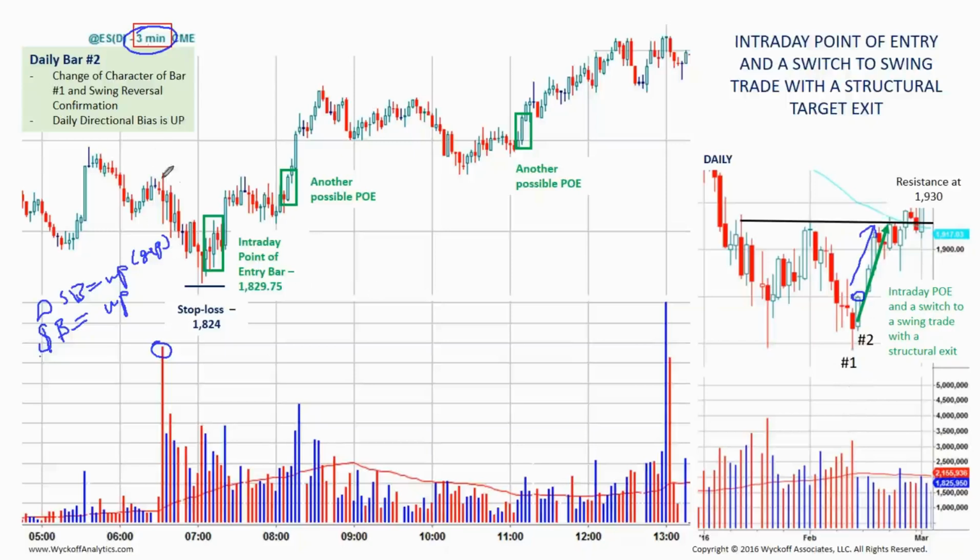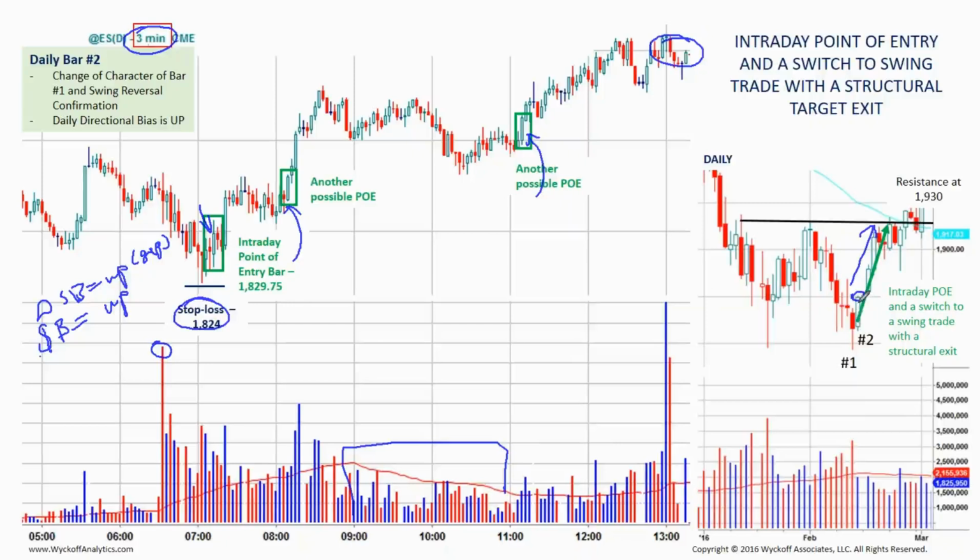So we are just looking for a reversal to the upside, which comes on this bar right here. It also acts as a change of character here. We enter here with the stop loss here. We could add to the position here. After 11 o'clock, we could add to the position here as well. And by the end of the session, we see on the daily that this was a really good trending day.